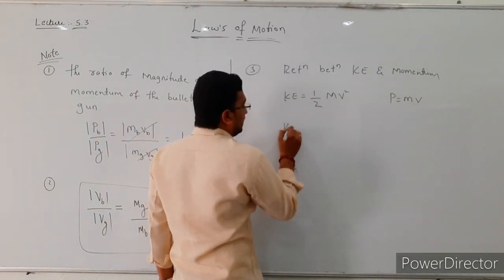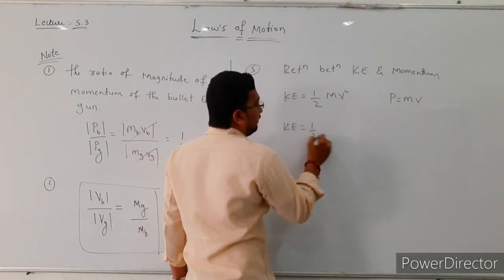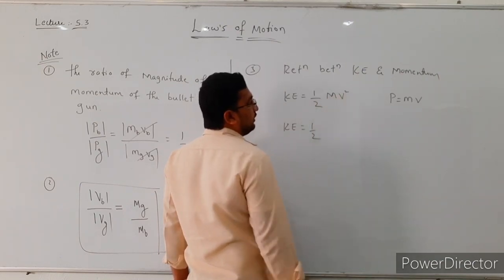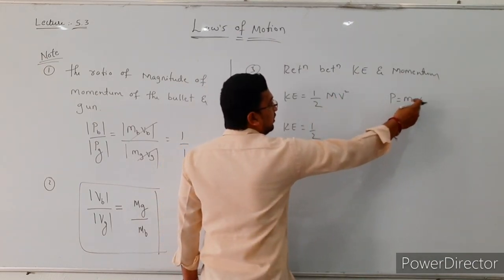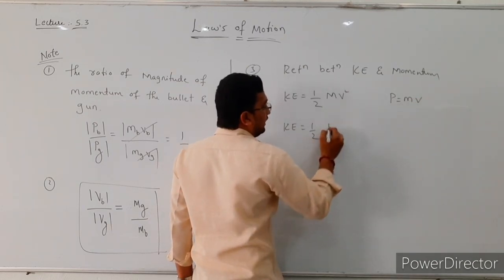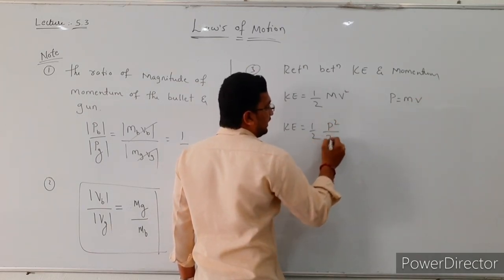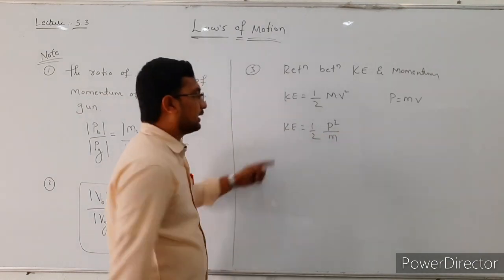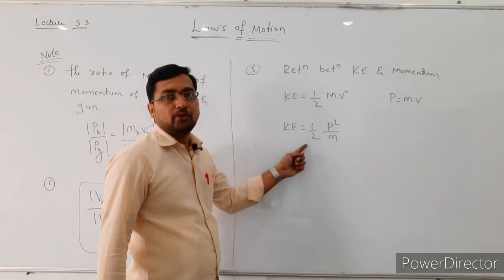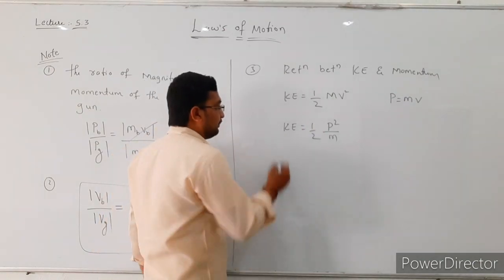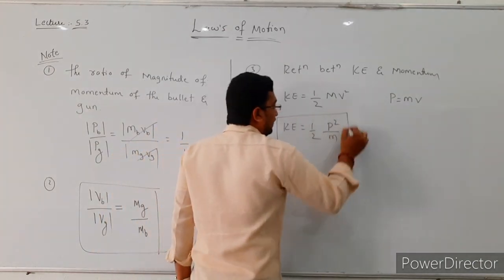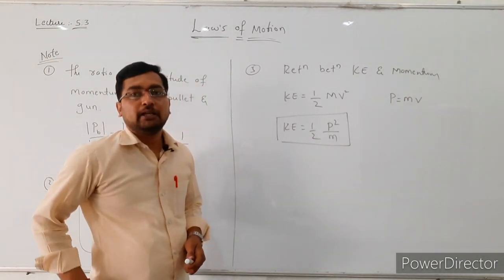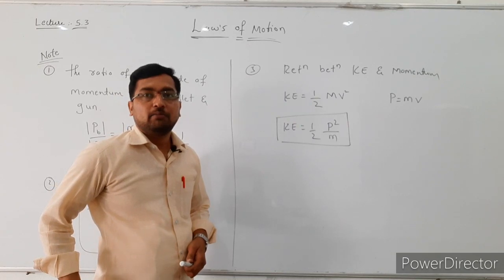So the kinetic energy equals 1/2 m v square, and since the momentum is mass into velocity, it becomes p square divided by m. So the kinetic energy is equal to 1/2 p square divided by m. This is the relation between kinetic energy and the momentum.